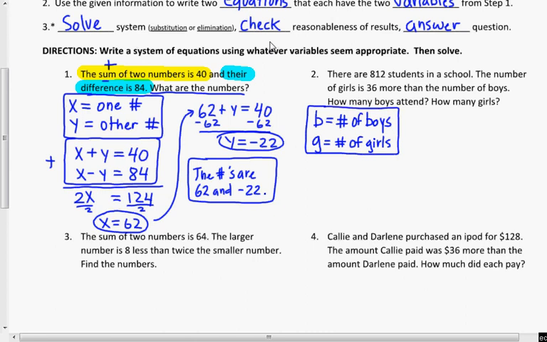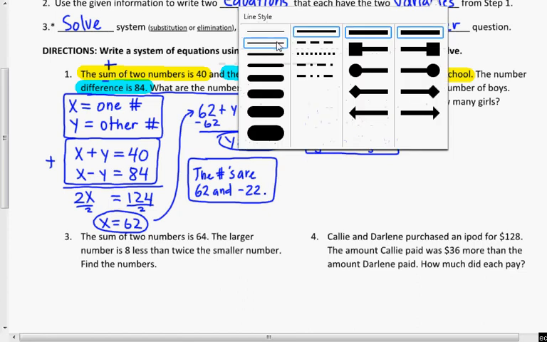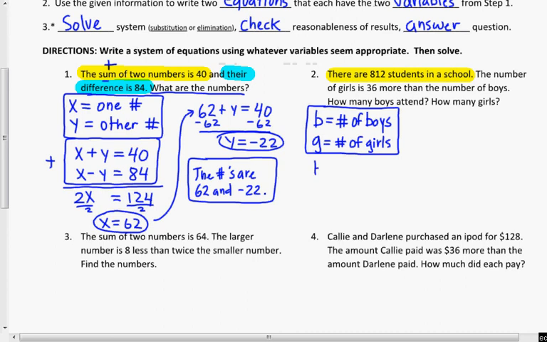Okay, if those are the two variables, then we need to use them to write our equations. Well, the first sentence says there are 812 students in a school. That's a total. And so I can say that B plus G must add up to a total of 812. So that first sentence I've translated into the equation B plus G equals 812.